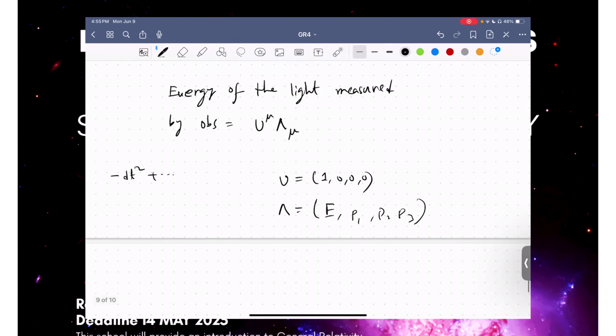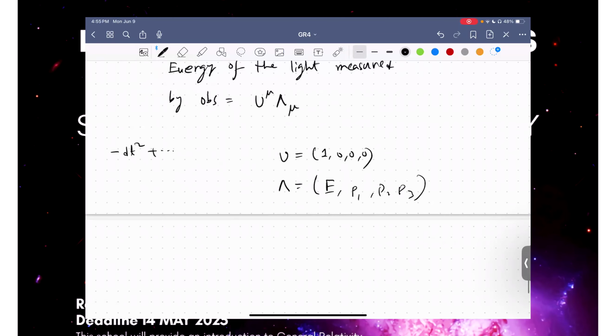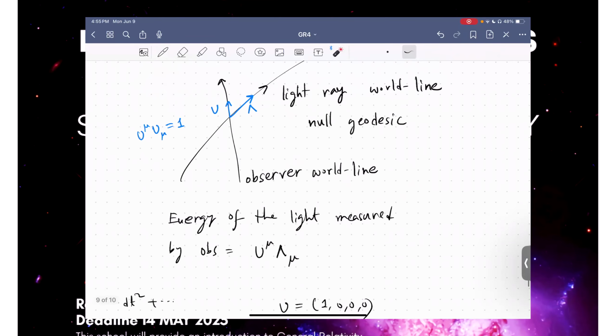But we only want to compute the energy. If you take this inner product, since these are zero, these things don't matter. You simply take 1 times E, which is E. So this simply gives you E, which is the energy of the light ray. That's the origin of this formula.